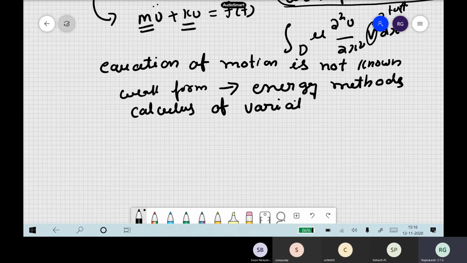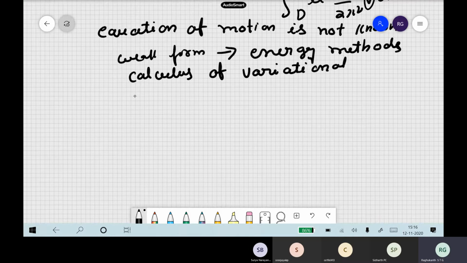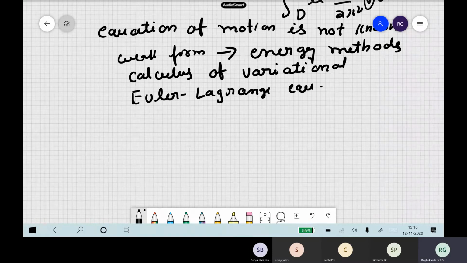We make use of variational principles and Euler-Lagrange equations. We calculate the Euler-Lagrange equations, and from these we can derive the equations of motion itself.